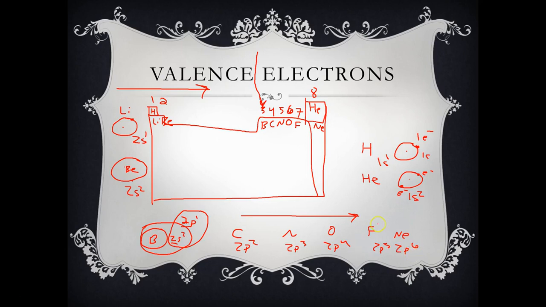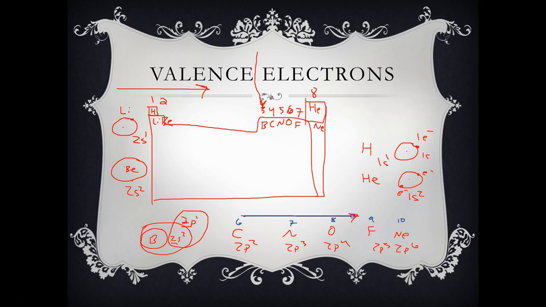Okay, now there is something else that's happening as you move across the periodic table. As you go from, let me change colors for this, as you go from carbon, who has 6 protons, to nitrogen that has 7 protons, to oxygen that has 8, to fluorine that has 9, to neon that has 10.